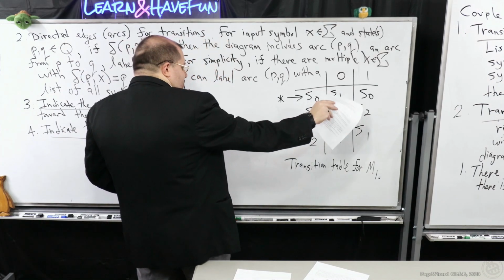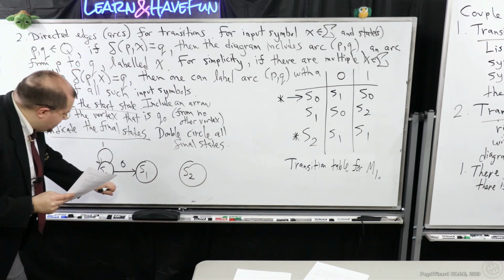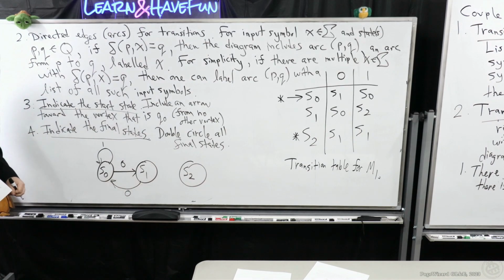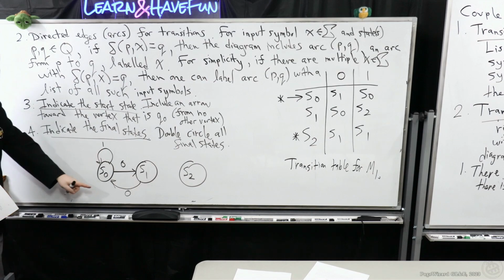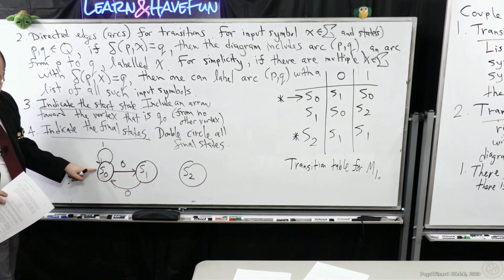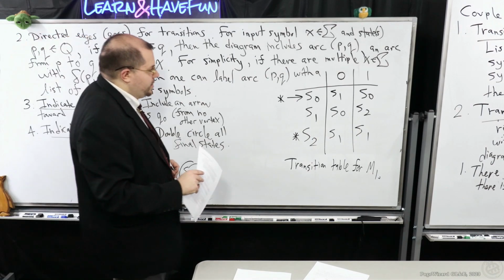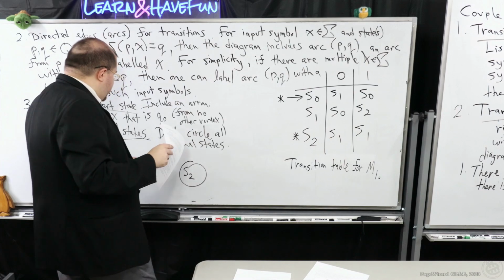Next row. When I read a 0, I go back to S0 from S1. So I'm going to draw a transition like this. That's what it says. When I go from S1, I read a 0. Remember, I just follow it with my finger. That's how you know the transition is occurring, just like when we talked about earlier. Next, it goes to S2 on reading a 1.